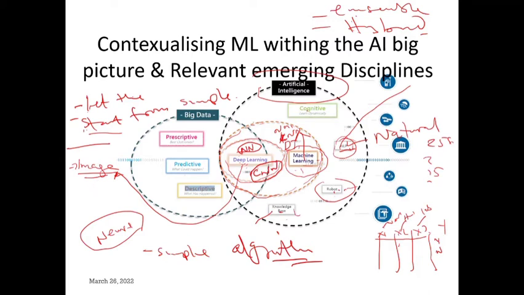Because for other machine learning algorithms, you need to first of all extract the image features. Then when you extract it, you use another software. It could be a third-party software, not part of your machine learning package. It could be an external package that you use to extract your features from the image.